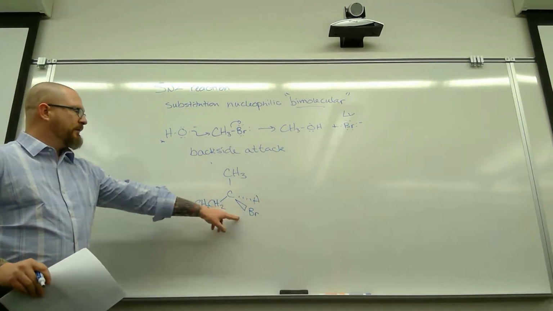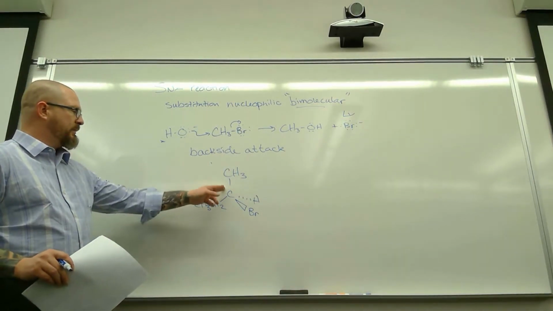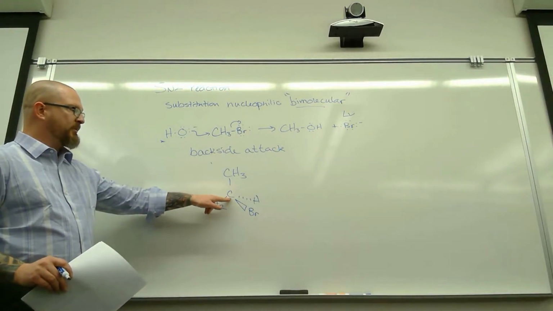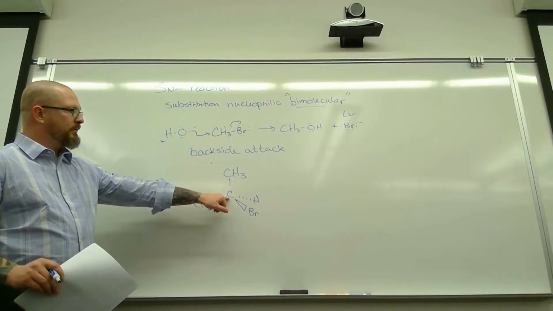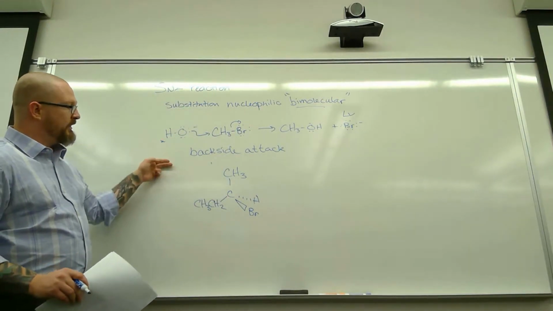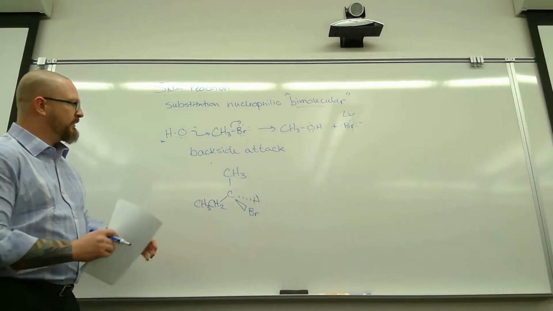So we have a 2-bromo substituted 4-carbon chain. That's all this is, but we're looking at the stereochemistry of the second carbon, and we can do an Sn2 style reaction by coming in right behind this carbon-bromine bond.